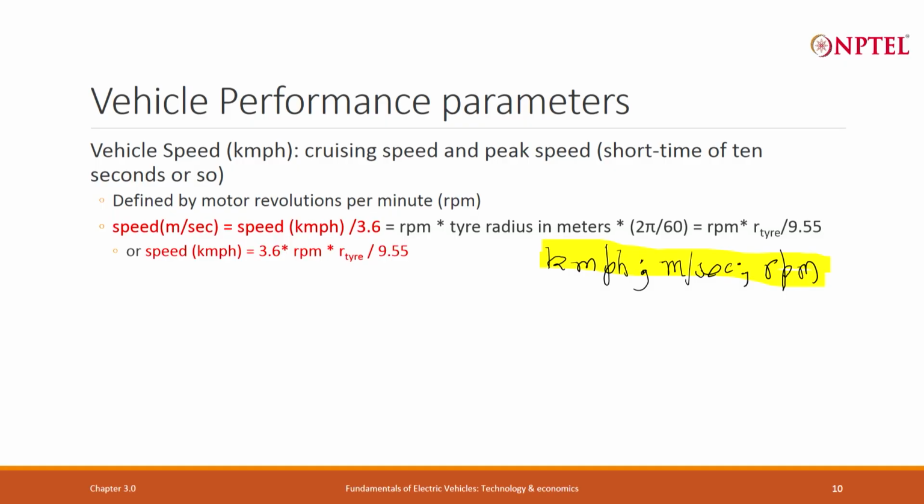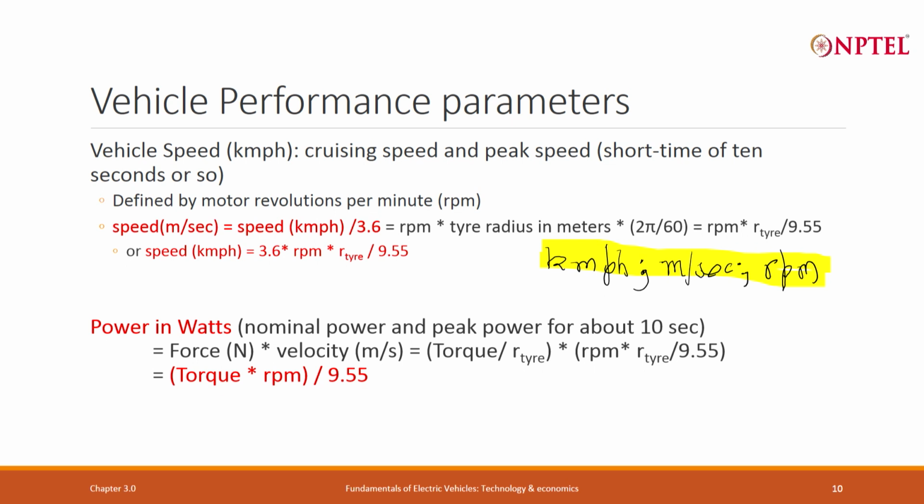So, speed in kilometers per hour is 3.6 into RPM into R tire divided by 10. This is something that you should use and you should be able to convert all the time. I am going to give you an assignment without gear, and of course, after that you have to take the gear into account.